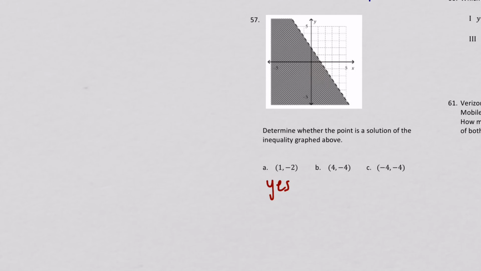Let me graph 1, negative 2 though, so that you guys can see why I said yes, because it's in the shaded, it's right about there. 4, negative 4, 4 this way, and 4 this way. It happens to be right on the line. Now, since the line is dotted, that means that 4, negative 4 is not a solution. So no.